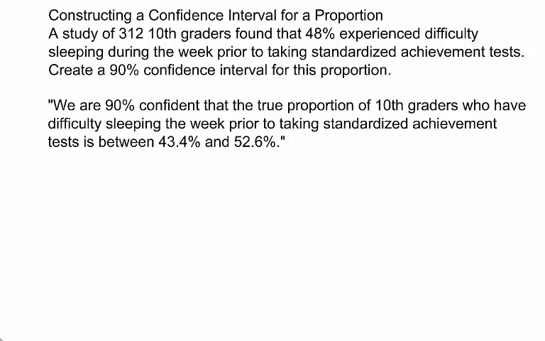In conclusion, we can state we are 90% confident that the true proportion of 10th graders who have difficulty sleeping the week prior to taking standardized achievement tests is between 43.4 and 52.6%.